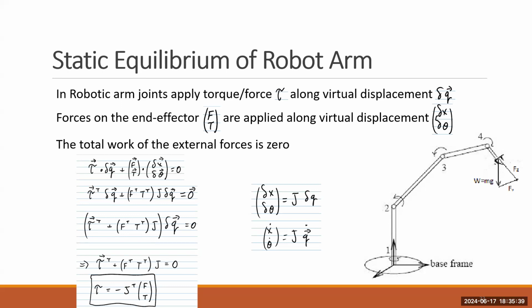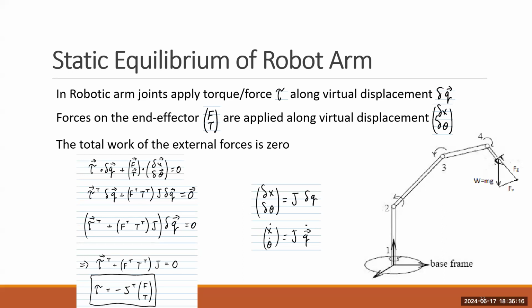But what is delta X, delta theta? Delta X, delta theta is small displacement of the end effector. The relation between delta X, delta theta and delta Q, as we recall from the Jacobian, is that delta X, delta theta equals the Jacobian times delta Q. It's like X dot, theta dot equals Jacobian times Q dot.